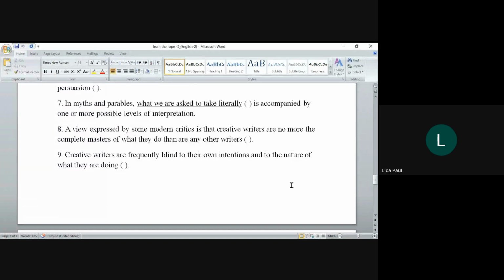The first one, a view expressed by some is that. Both are the same in this case. Both are the same kind of subordinate clauses.